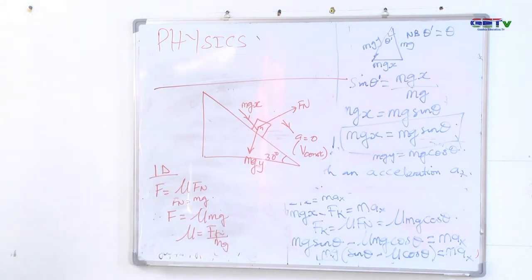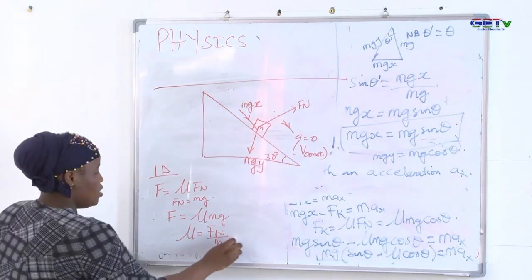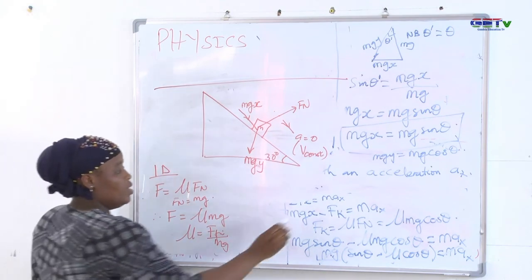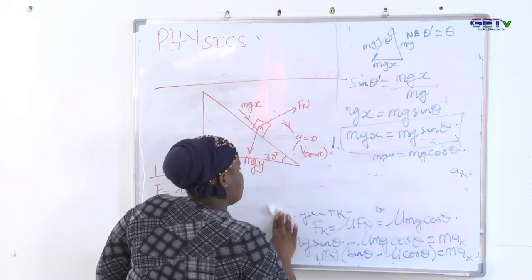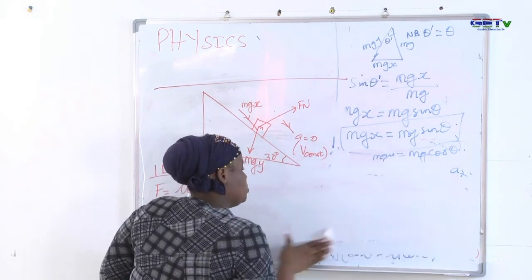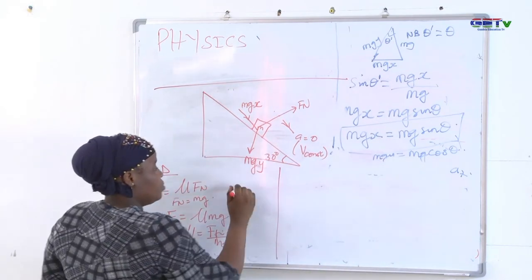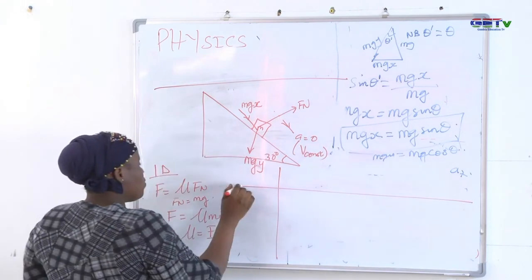Well, there will be a little bit of variation here, because we are dealing with angles, and then it has to be captured. Nothing will be ignored here. You follow the steps that I taught you. You resolve the forces into x and y components.